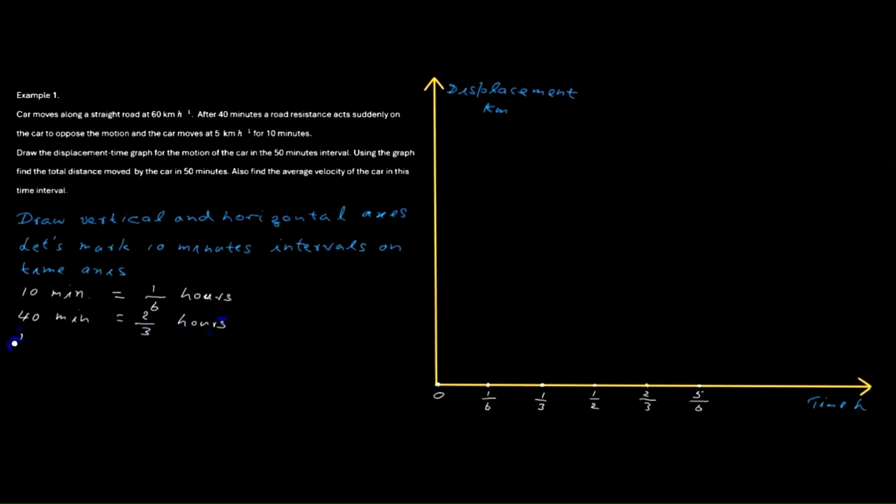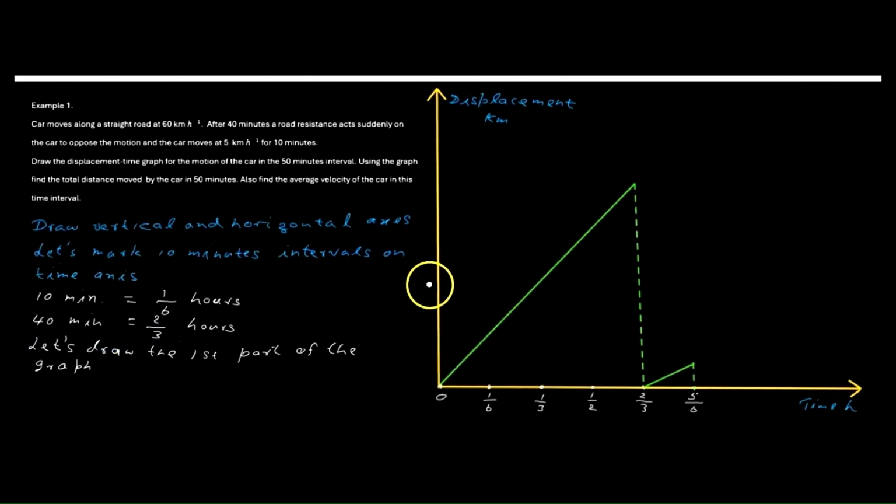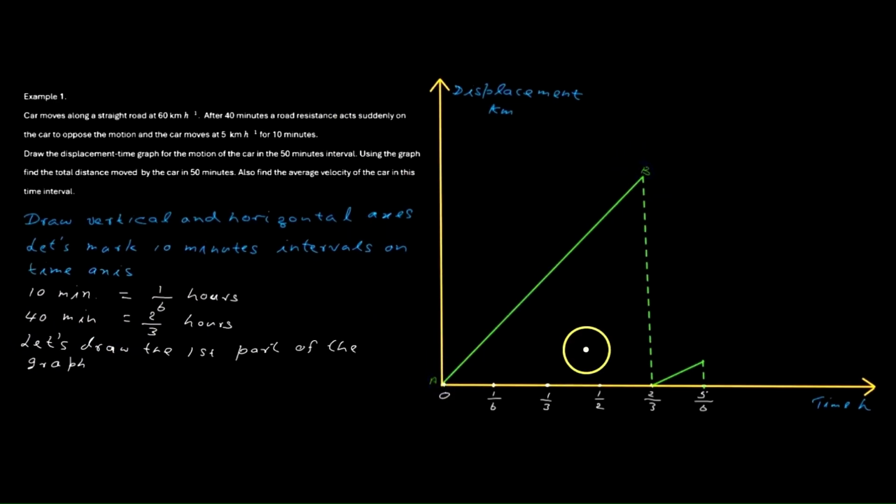First draw the first part of the graph. Let BC be H1 and DC be H2.